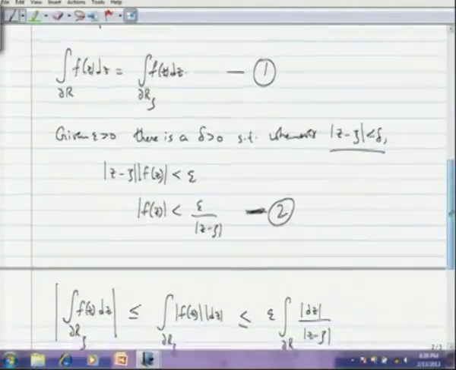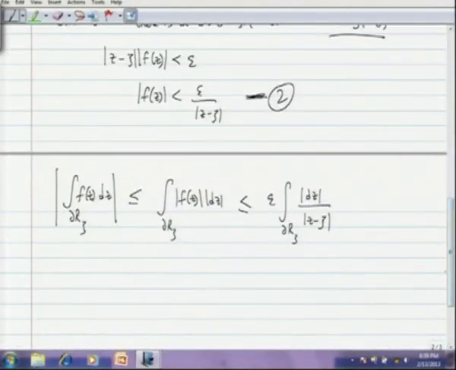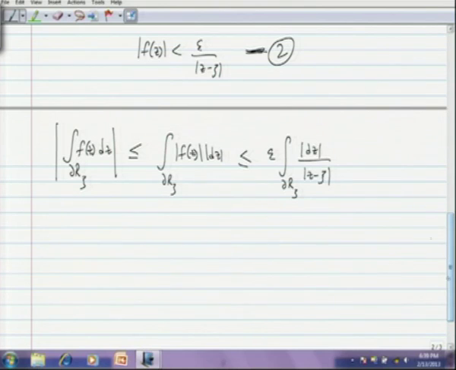So then I have this estimate. So, when R zeta is a square centered at zeta, and your z varies on the boundary of R zeta.